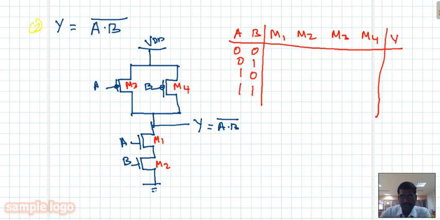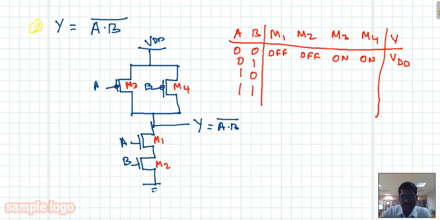A is 0, B is 0, M1 is off, M2 is also off, M3 is on, and M4 is on. Your output Y is connected to VDD, so Y equal to VDD.